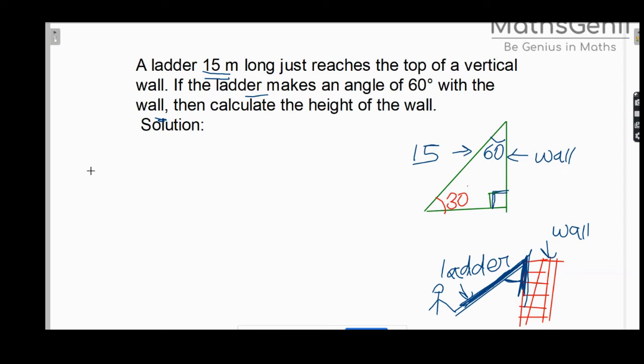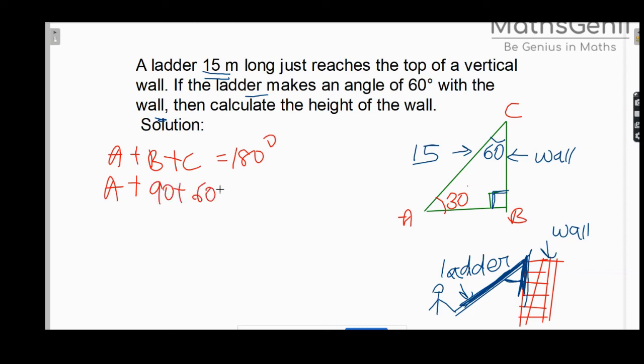If you want to know the logic, you can also go back to your previous chapters in your previous years, that all angles of a triangle are 180 degree. So angle A plus angle B plus angle C is 180 degree. I don't know what A was. B was 90.